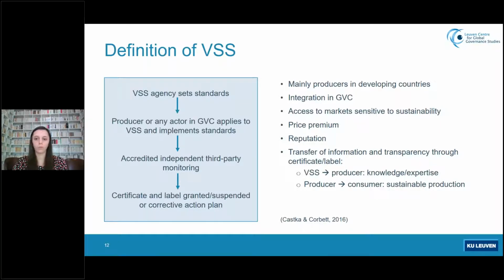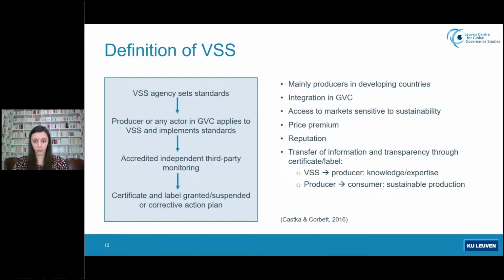But while anyone can apply to a VSS scheme, it has to be noted that VSS are mainly used for producers in developing countries because they are really important instruments to integrate those producers into global value chains and give them access to markets that are sensitive to sustainability issues, which is not always the case in developing countries, but more in our developed countries.